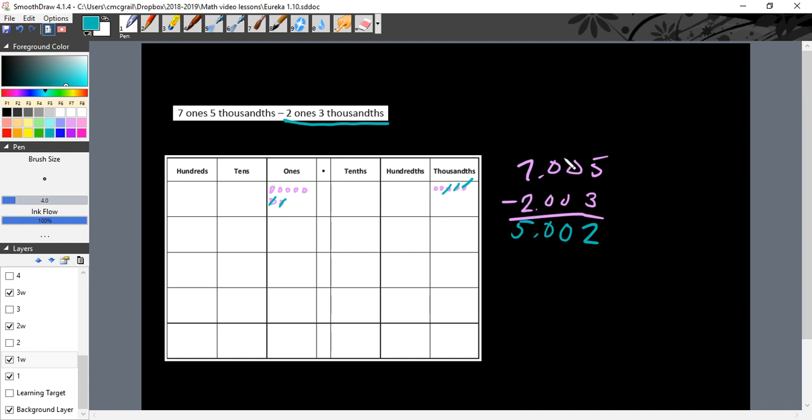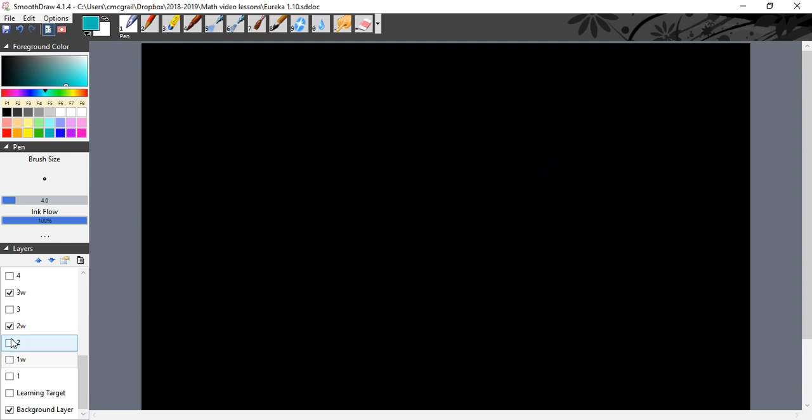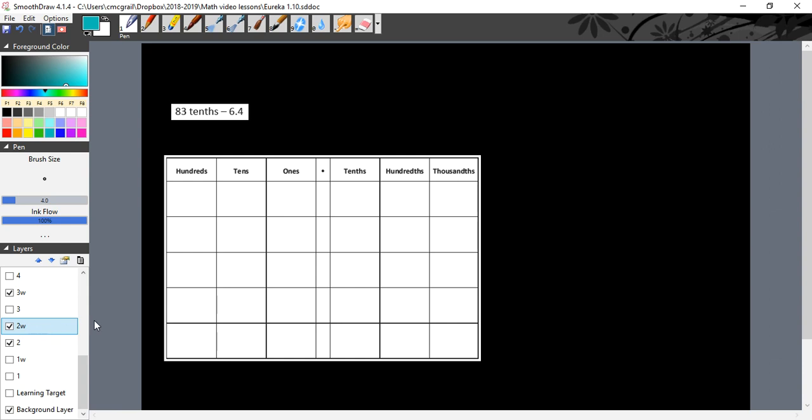So we started with one that was pretty simple, but that was just to show the process. We're going to move on to one that's a little bit more challenging. Please make sure that you're following along, and let's take a look at question 2. Okay, question 2 says 83 tenths minus 6 and 4 tenths.